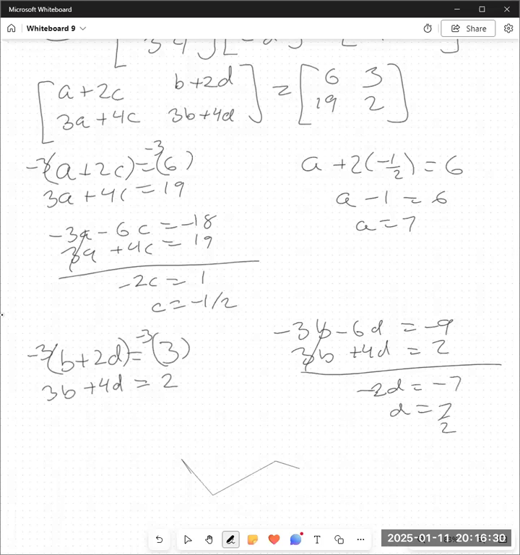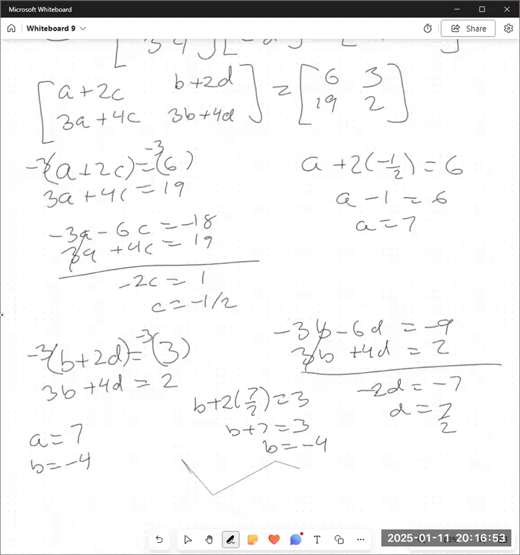D is 7/2. B plus 2 times 7/2 is equal to 3. B plus 7 is equal to 3. B is equal to -4. So my answer is A is equal to 7, B is equal to -4, C is equal to -1/2, and D is equal to 7/2.